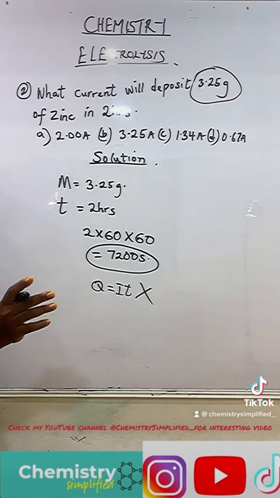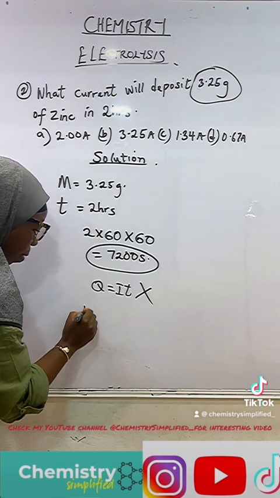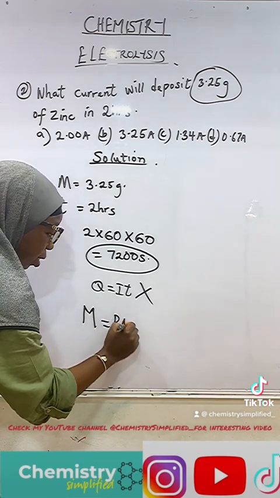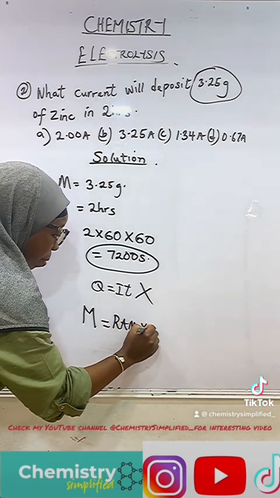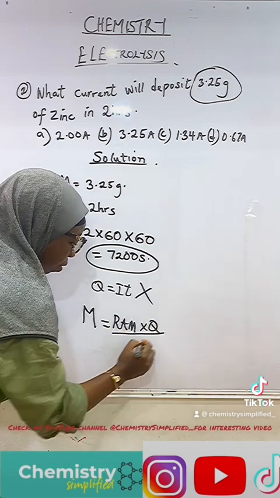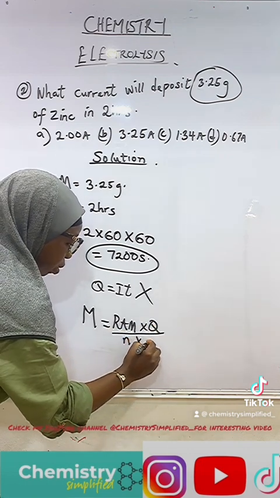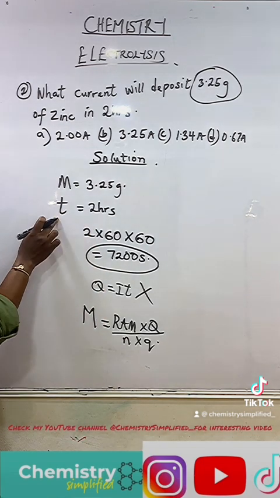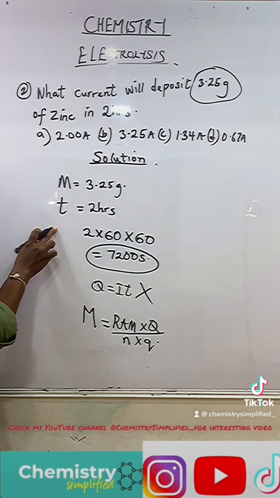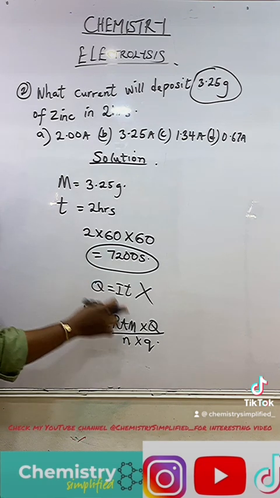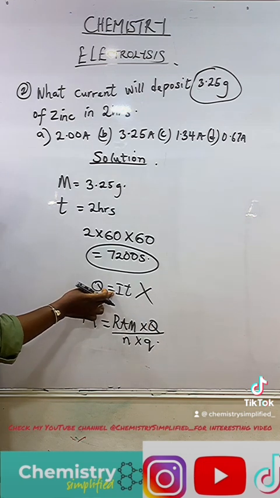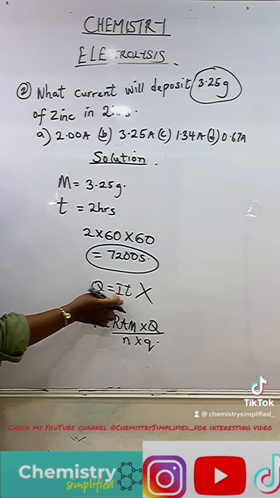Now, the best formula that we are going to make use of is, let's go back to our mass again. Our mass equals what? Relative atomic mass multiplied by Q, right? All over number of charges times Faraday constant. But here, we're given T. Since we're given T, and we have to calculate I, which is the current, it means that we are going to replace this Q with IT, so that we can get those two parameters.